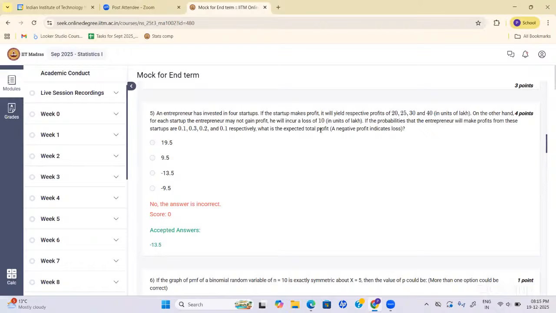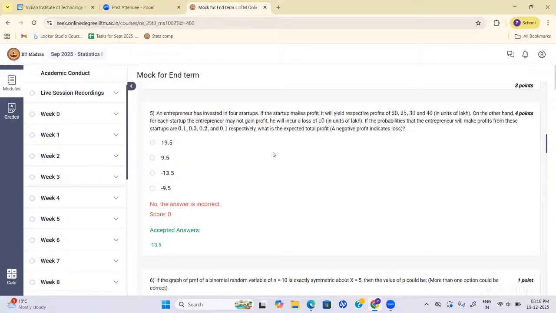Does anyone have a question? Yes, actually, we'll use the E equals p concept, which is for Bernoulli. We'll add up all the probabilities for the expected total profit.